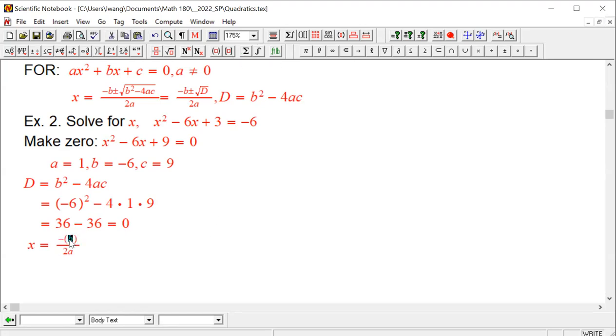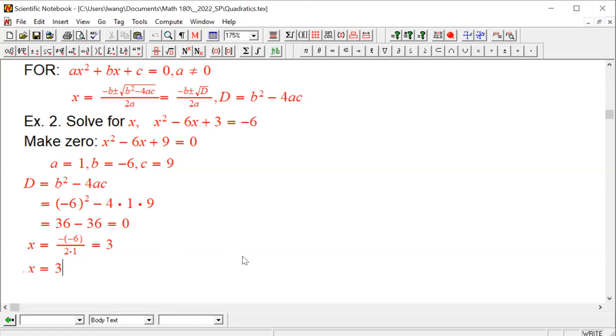Okay, I'm going to replace B by -6. A is 1. And simplify, we get 3. So we get exactly one solution. You see, it doesn't matter which method you use. So this is case 2 with 3 methods.